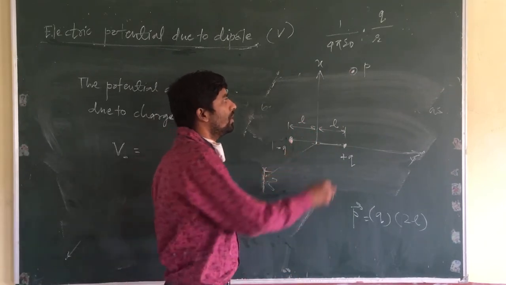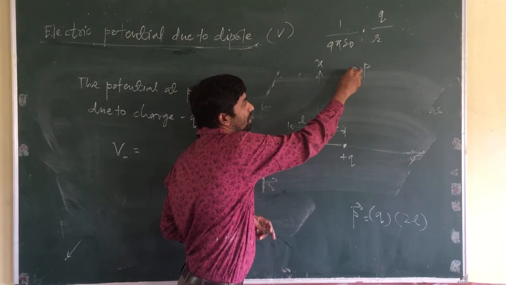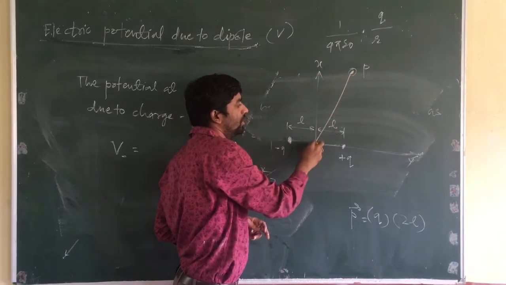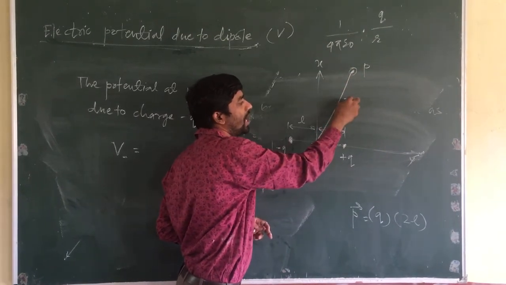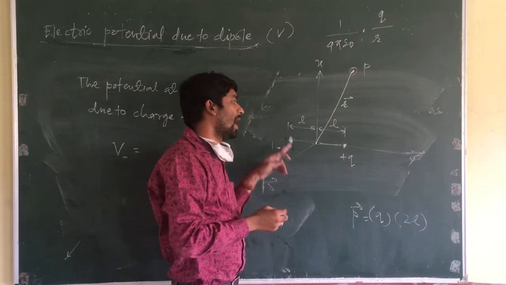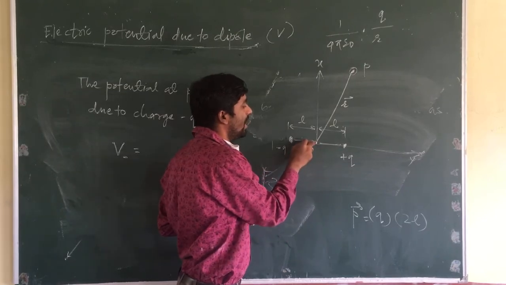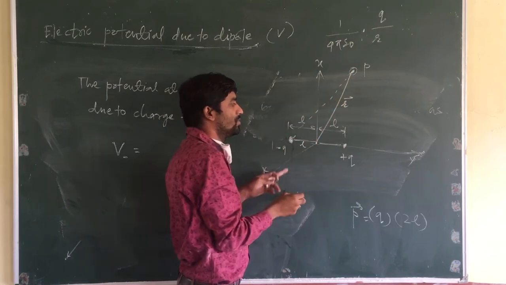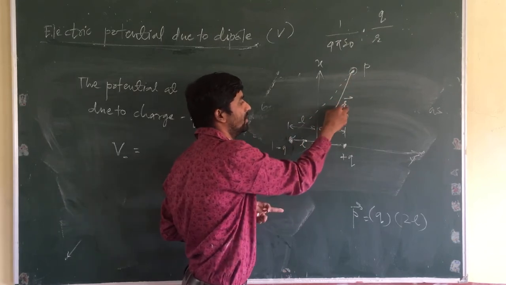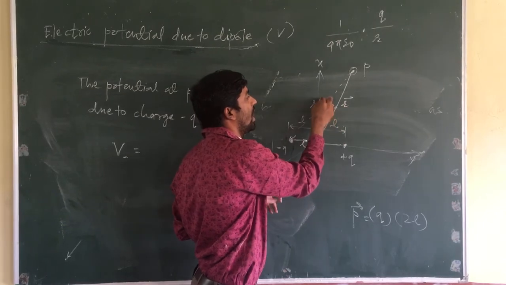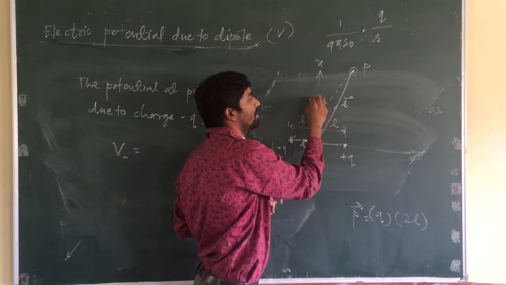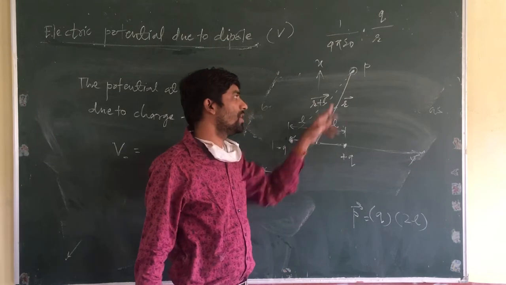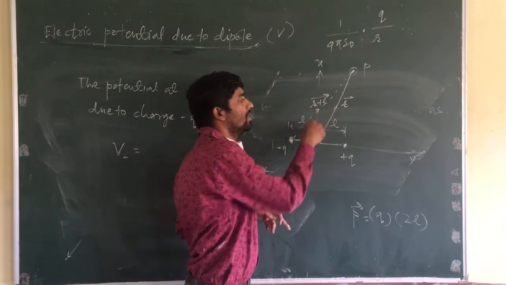Okay. So here suppose this point is the origin, and this position vector is your r vector, and this distance is your L. Then what is this distance? Suppose this is the direction, this distance is your r plus L vector, according to the triangle law.